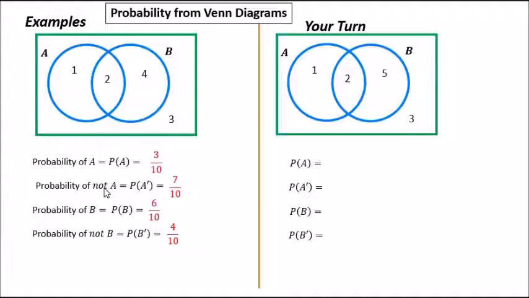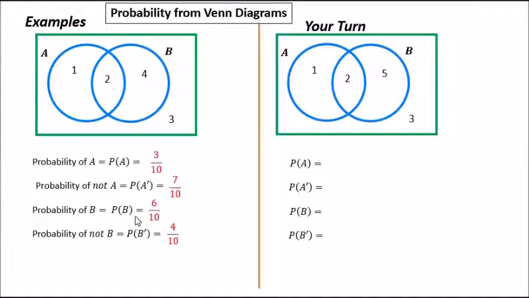And the probability of not picking A, that's represented by A with a little dash here, an apostrophe. It means the complement of A, which is basically the probability of not A. Okay? Which in this case is anywhere outside of the circle of A. So it's 4 plus 3, which is 7, out of your 10 altogether, not to forget the bottom of the fraction here, the denominator.